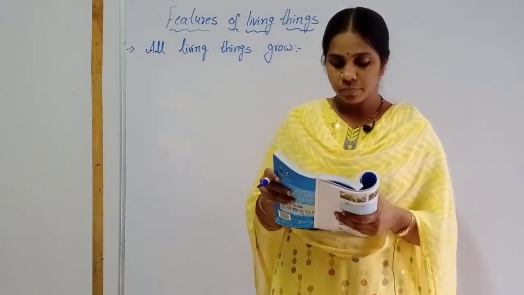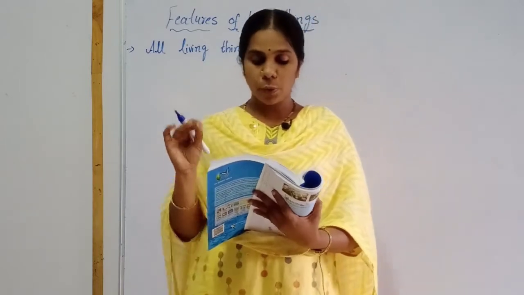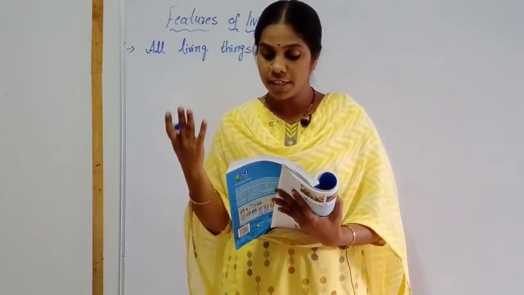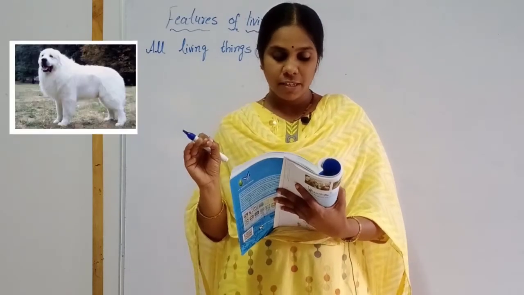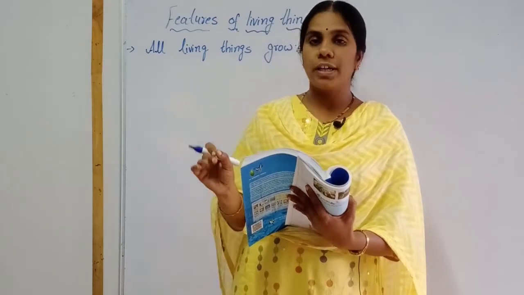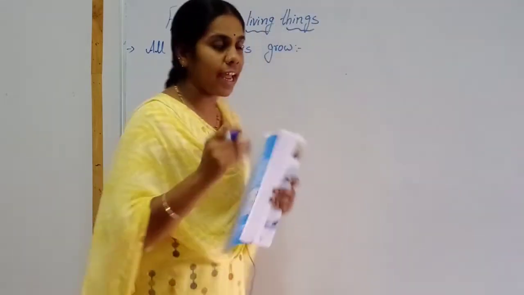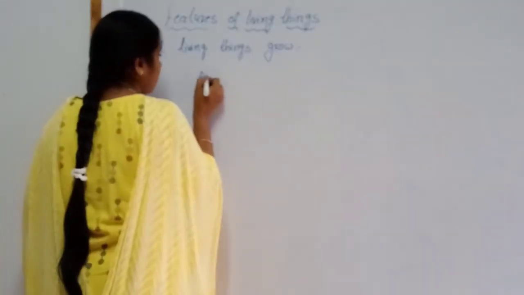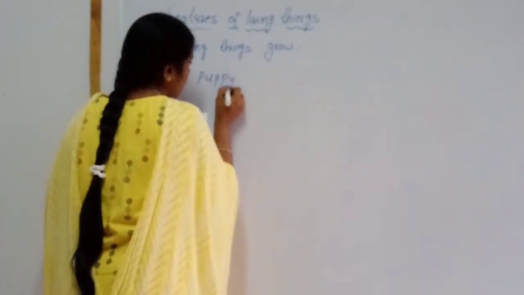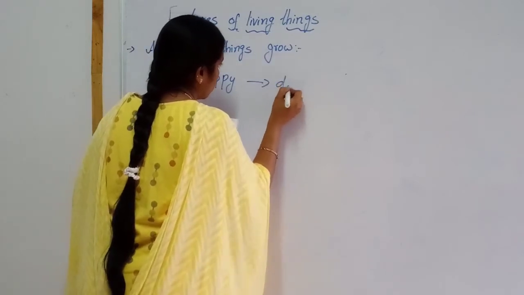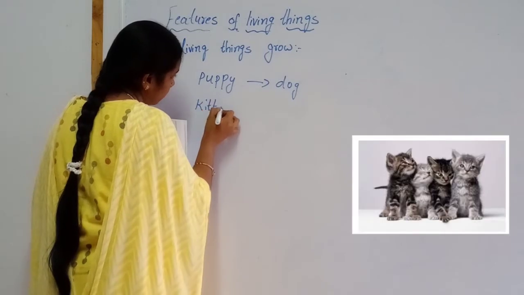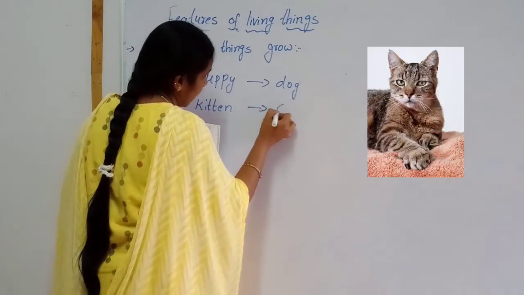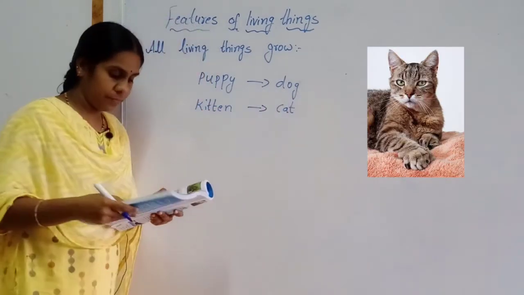All living things grow in size and change their shape. For example, a little puppy grows into a dog. A kitten grows into a cat.